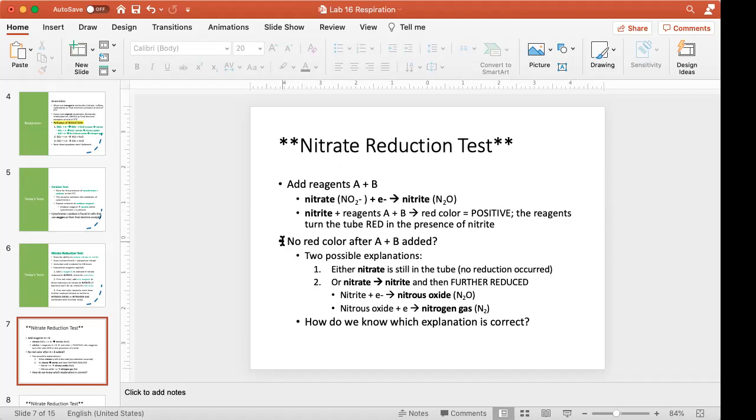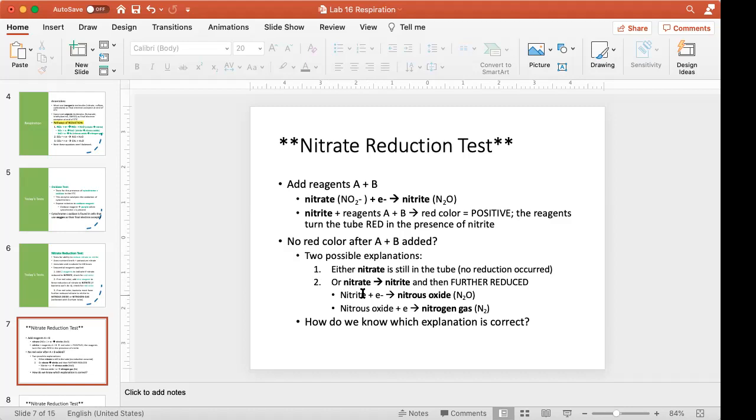Now, if there's no red color after I add A and B, there are still 2 possible explanations. The first explanation is that the original nitrate is still in the tube. In other words, the bacterium is not able to reduce nitrate. But the second explanation is that the bacterium can reduce nitrate, it's just that it further reduces it.